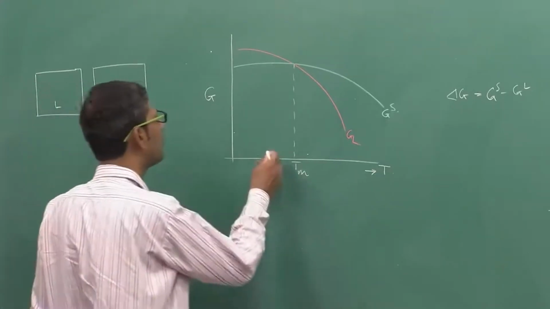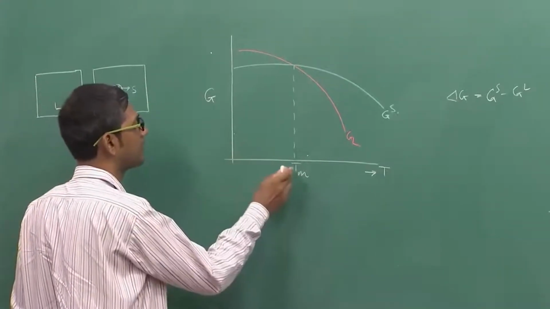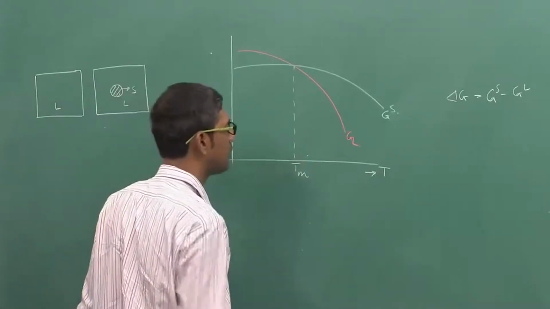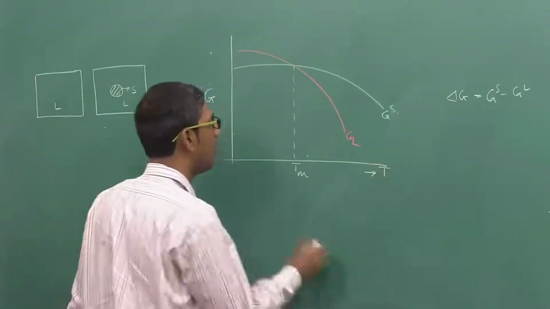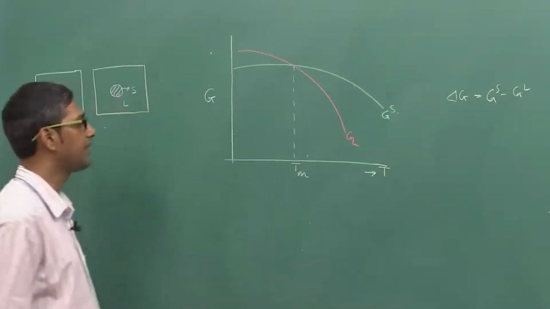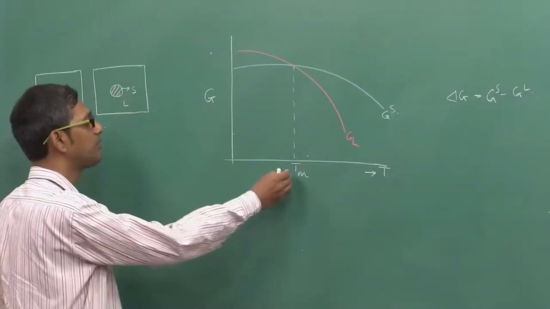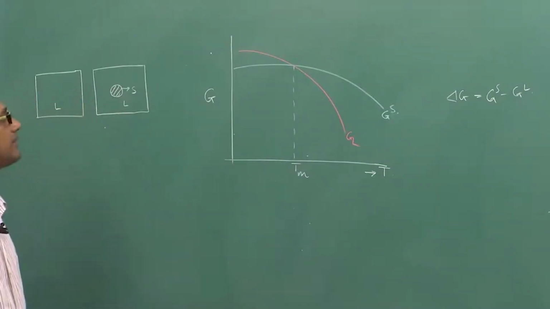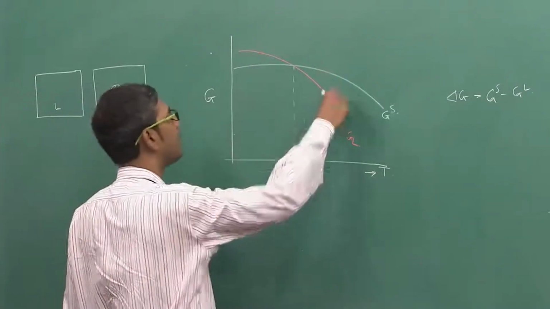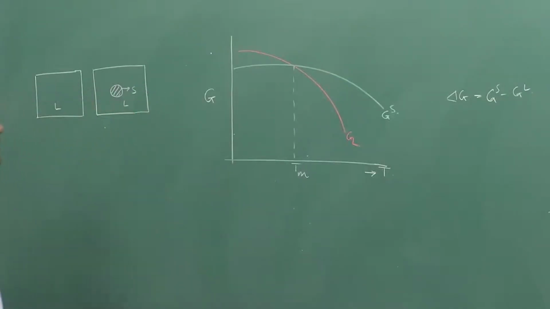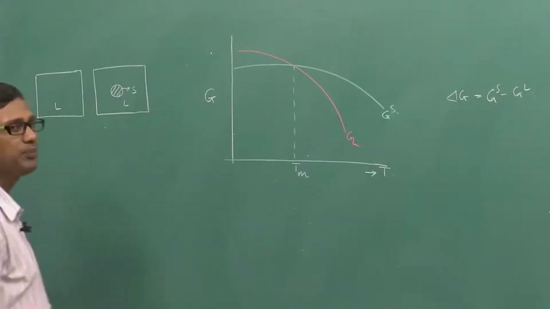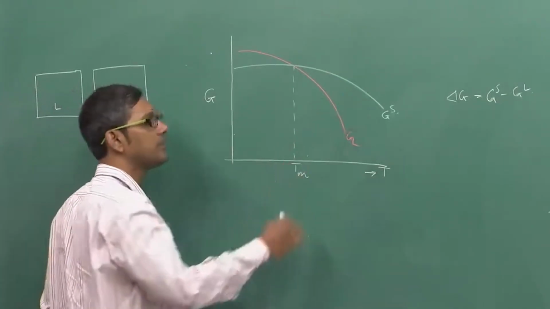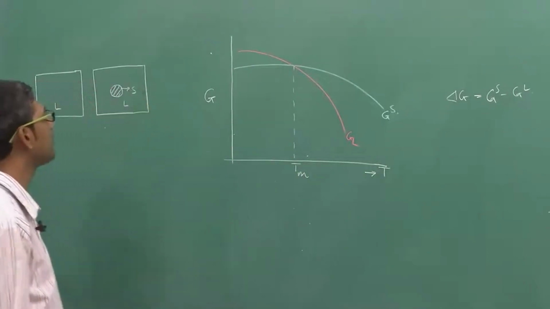As we go away from Tm towards the high temperature, or if you decrease the temperature from Tm to lower, there is always a gap between the free energy curves. These two free energy curves are telling you the relative positions of the free energies of solid and liquid.